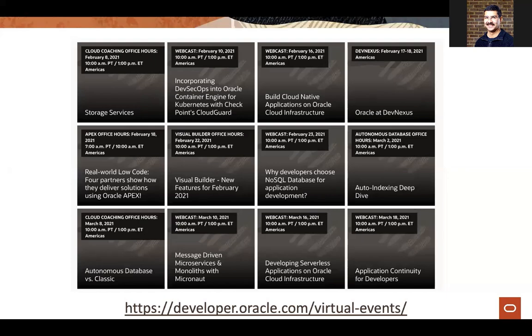This was an introductory session on building and deploying cloud native applications. We have a whole set of events lined up for you, which will go into an even deeper dive into some of the concepts that I talked about today.